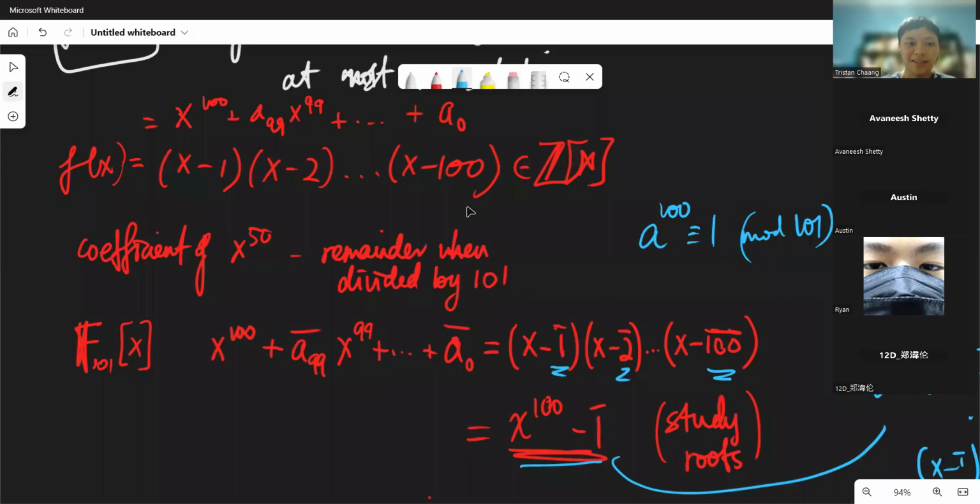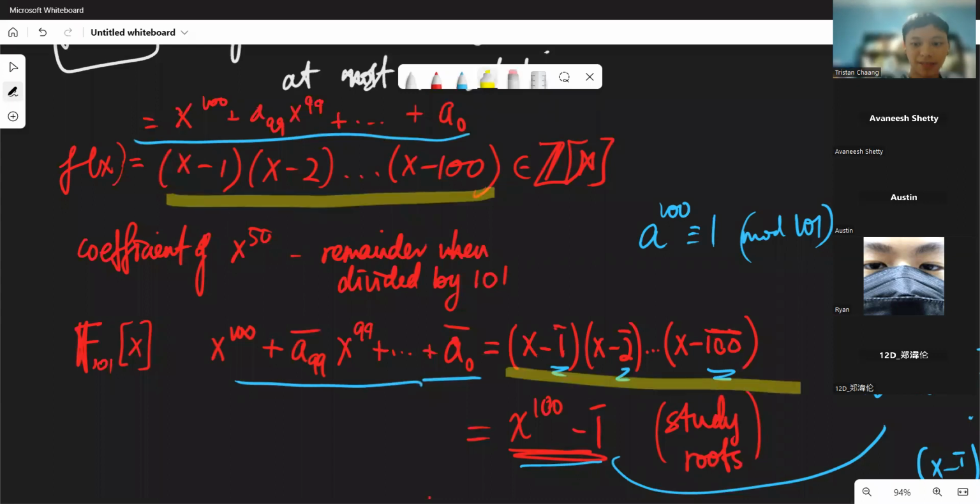Now, if I take these two expressions, which should be the same, into mod p, that means I take every coefficient mod p. Well, this one becomes this, and this one becomes this. So those two are the same thing. Because before that, they are the same. After I take mod p, they should be the same. I just replace every single number here by the mod p equivalent.